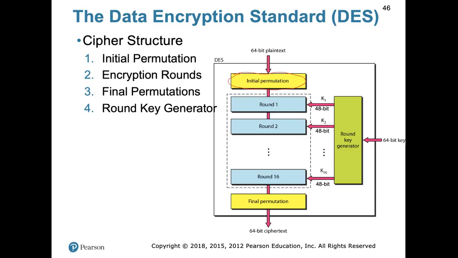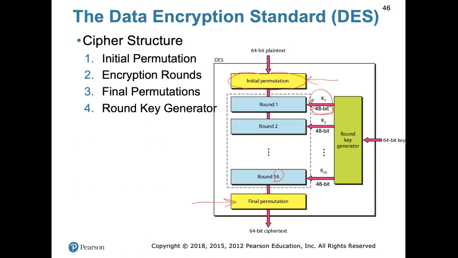So it has an initial permutation step that we will talk about, what it does, and then a final permutation step. And there are 16 rounds between the initial permutation and the final permutation. Each of those 16 rounds works with a round key with a length of 48 bits.